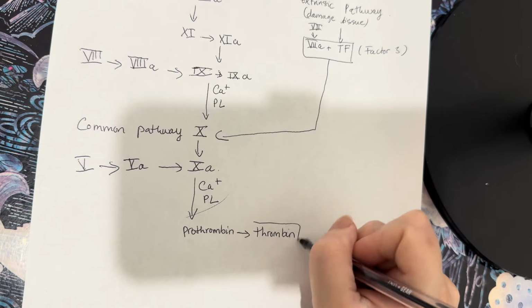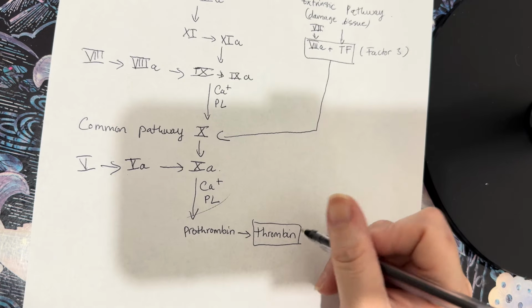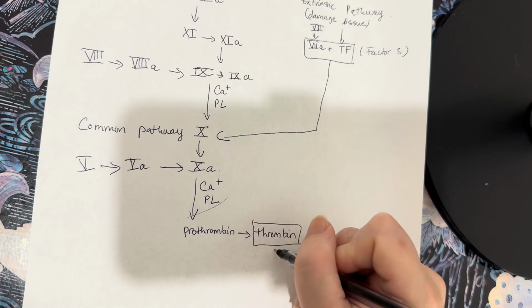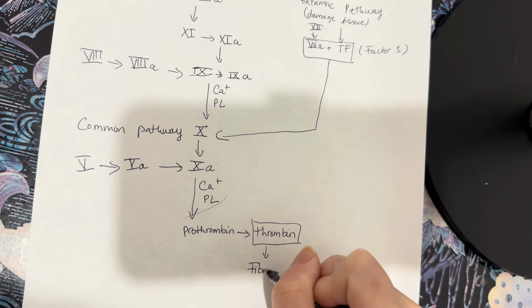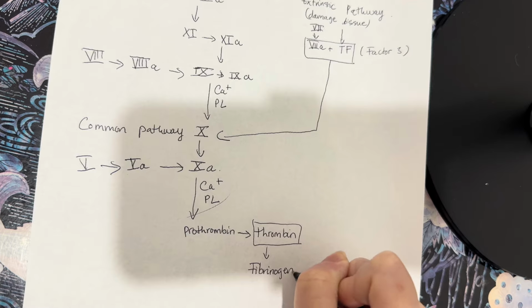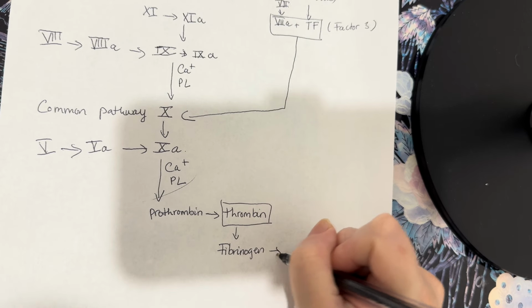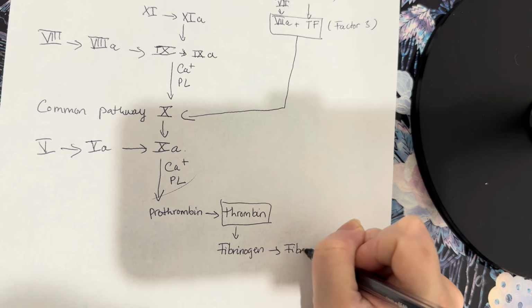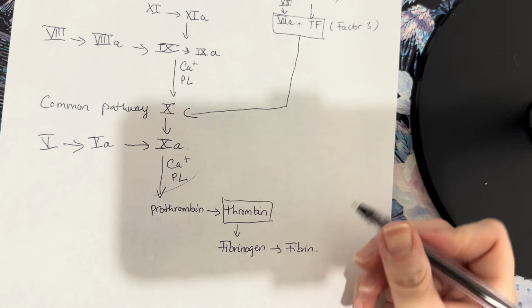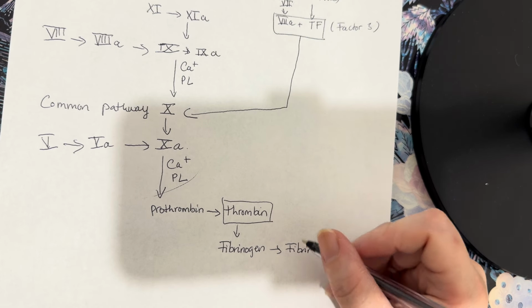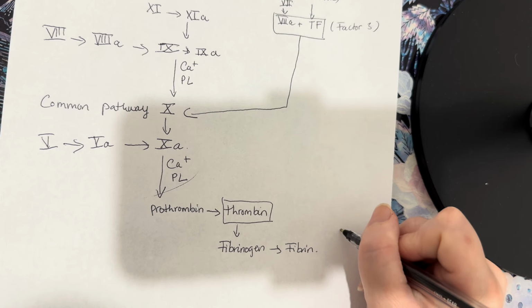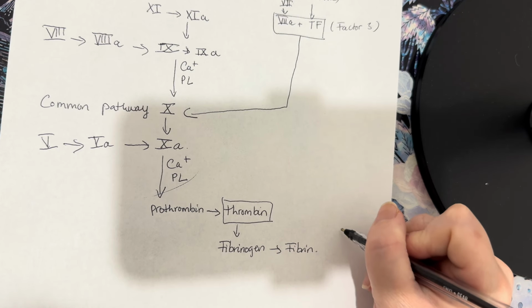Thrombin plays a really important role in the coagulation cascade because it converts fibrinogen into fibrin. And to stabilize the fibrin clot, we have factor 13.